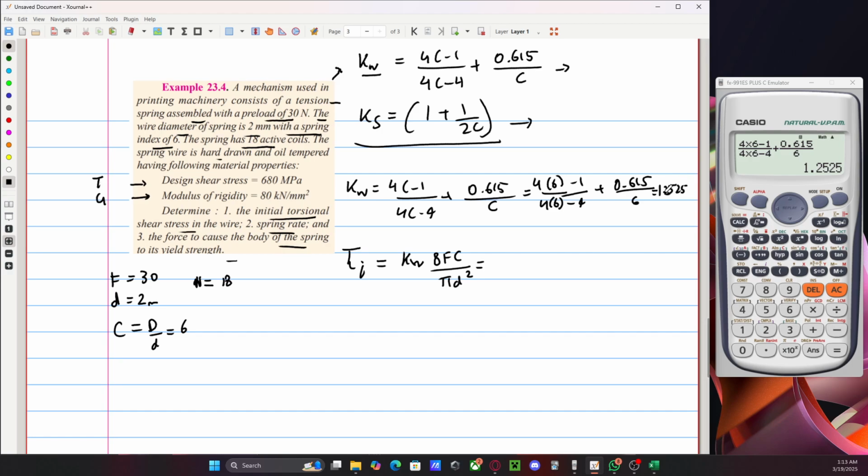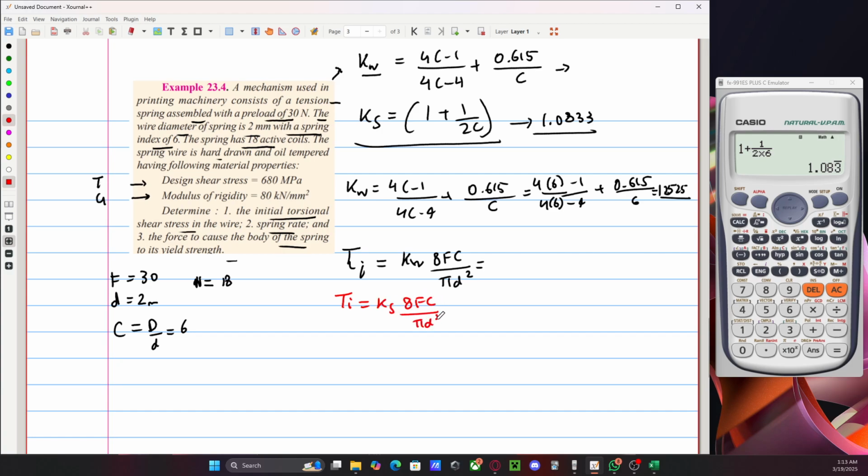Now I will do Ks as well, just to compare. That will be 1 plus 1 over 2 times 6, which is 1.0833 recurring. We're going to use both of them and we'll see where we end up. So we'll try tau i. I'll do it in red maybe. This will be tau i, but this will be for Ks.